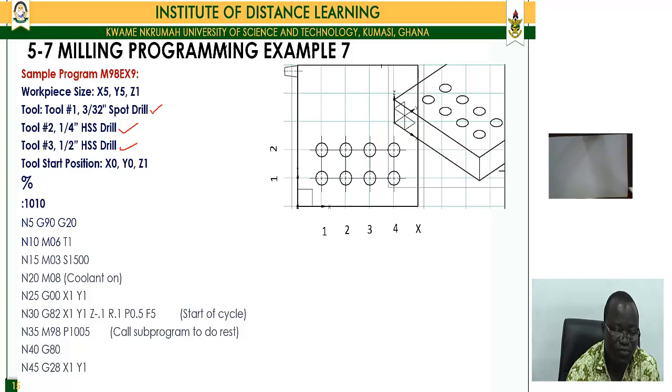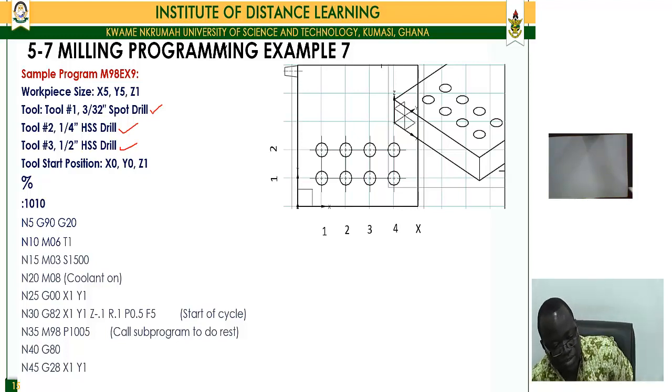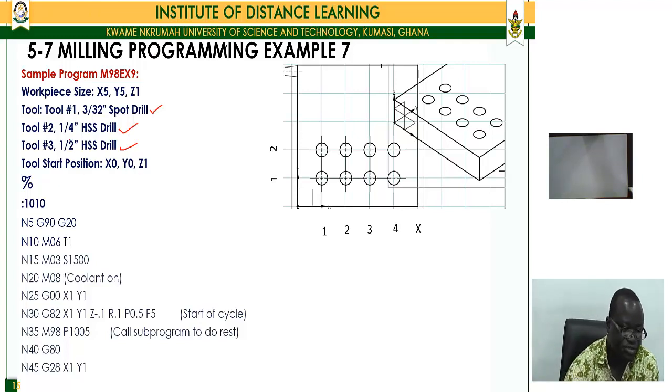That is, we have a 1/4 of an inch size drill, and then we do a 1/2 inch. So we start with a center punch, 3/32 of an inch, which is going to be a smaller drill. Then we use a 1/4 of an inch drill and a 1/2 inch. Then we have the start position, and we can then simulate the program.